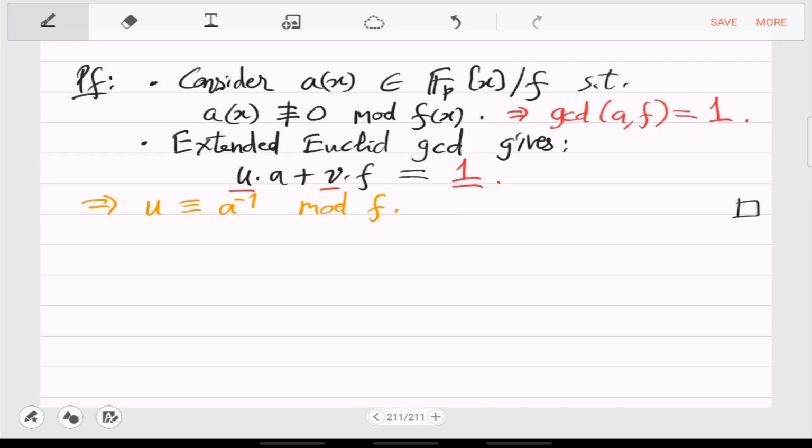Amongst the field axioms, the hardest thing is to show that inverse exists, and inverse exists here. Basically the same proof that you wrote for numbers. Now instead of Z, you will use Fp[x], and instead of f being a prime number, you will say that it's an irreducible polynomial. And instead of saying a number a(x), you will say polynomial a(x), right? So it's a simple copy paste of that proof.